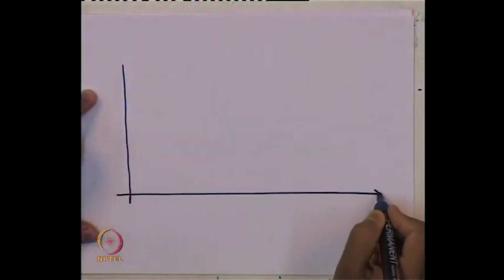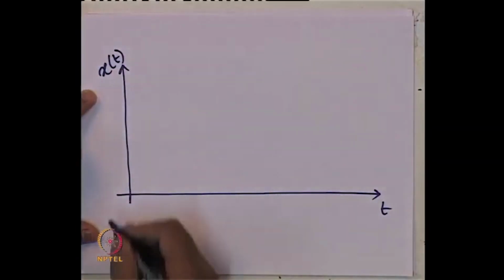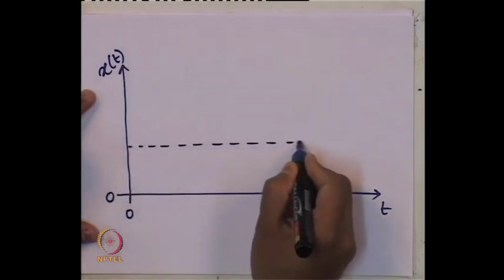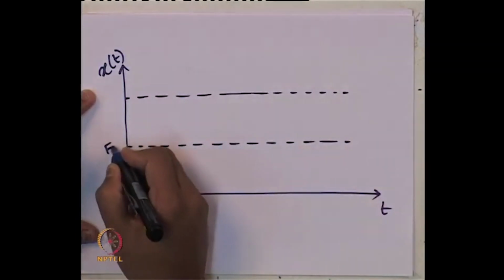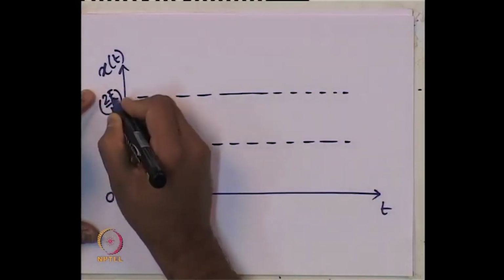Now, if I want to find the response, that is, how the displacement function varies with respect to time for the complete system, let me plot it. This is the variation of t, and I am plotting x of t. This is our 0 line. These two parallel lines I am drawing are for f by k and 2 f by k.